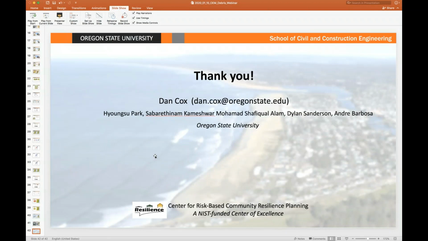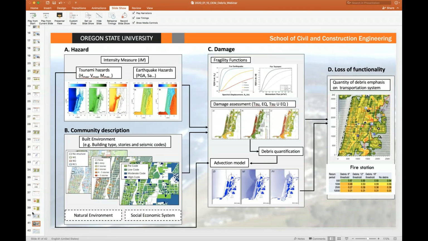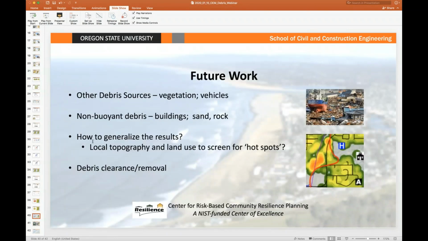It would have to be kind of a discussion, and we just have to dig into that one. I don't think there's an off-the-shelf tool that a community could use to figure out where the tsunami would push the debris. That's one of the last points I was trying to make on how we can generalize these results.